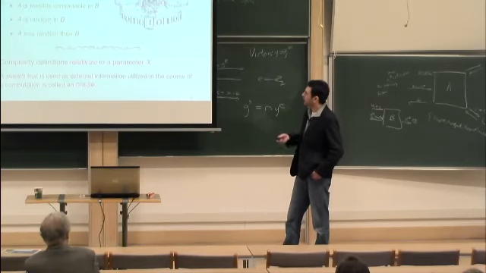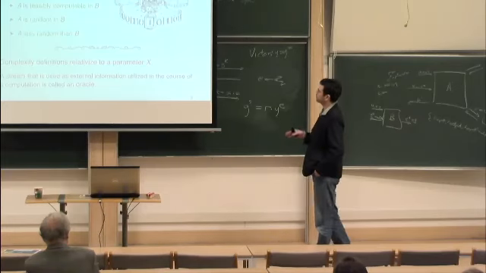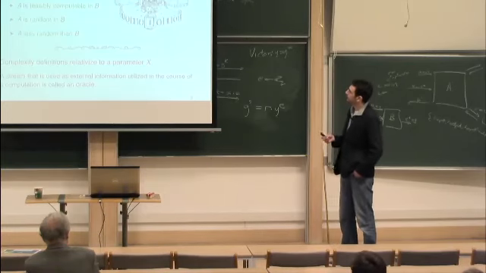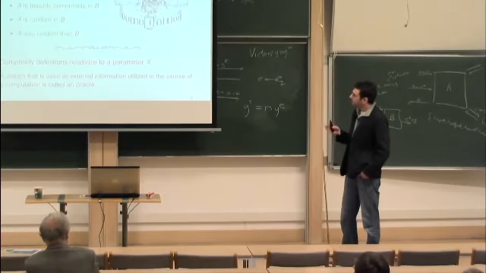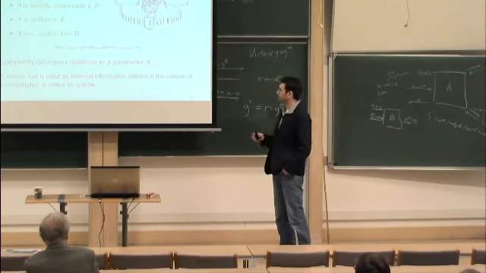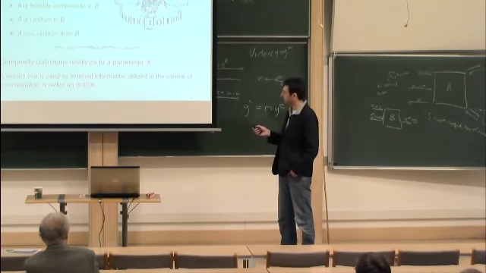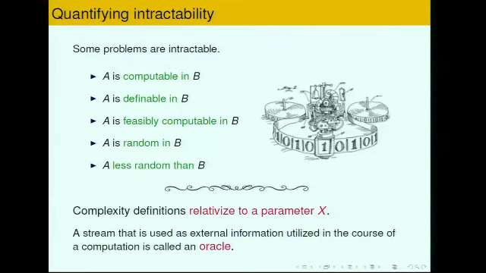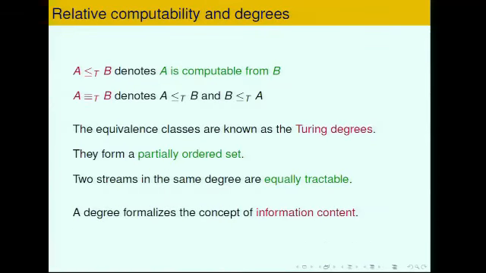So you could say A is definable in B if B is involved in some arithmetical definition of A, or feasibly computable in B, or random in B. A is less random than B, and so on. We're going to see these in detail, but the fact is that for these kinds of notions of complexity, the relativization is pretty straightforward, and it often gives rise to reducibility.